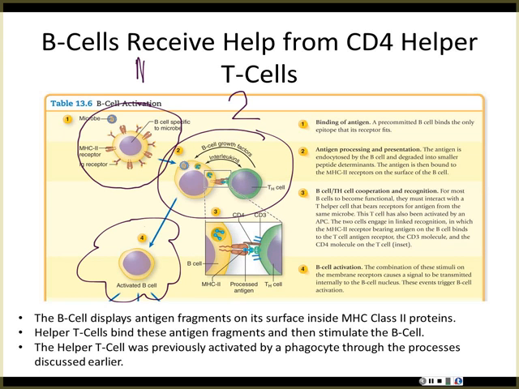So this is kind of a safety mechanism. It's like you've got to flip two switches before your B cells get stimulated. They have to see the antigen they're supposed to respond to, but on top of that, they also have to hook up with a helper T cell that has also seen this same antigen. That helper T cell has already been stimulated by that same antigen. So it's like two switches have to get flipped.